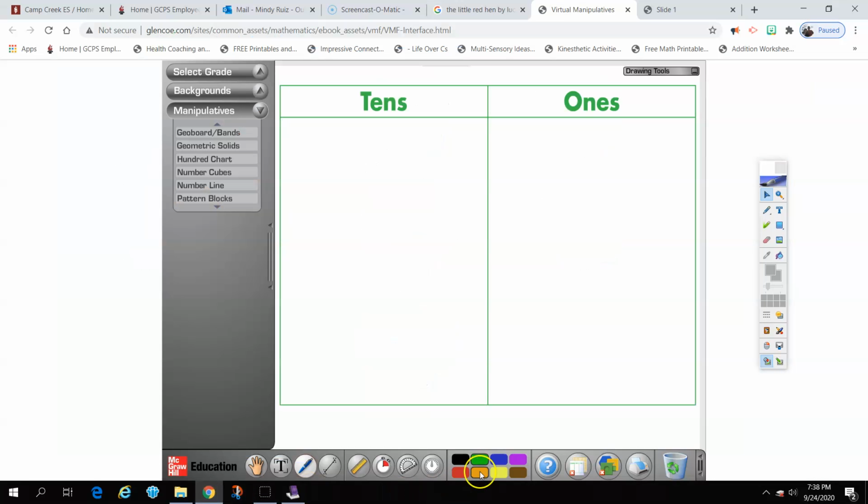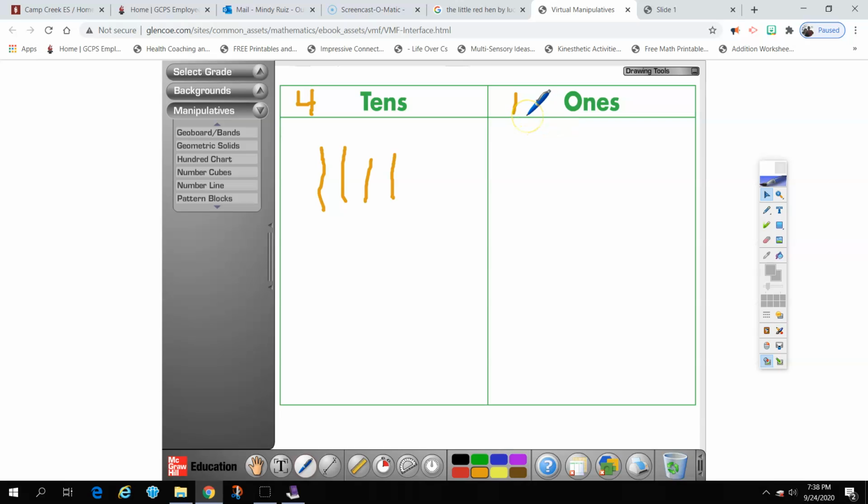So I'm going to come back over here. This time I'm going to use my orange marker. And let's write the numbers up here to help us. 41. All right. Remember how we draw tens? We draw them with lines. How many lines do we need to draw? 4. 1, 2, 3, 4.